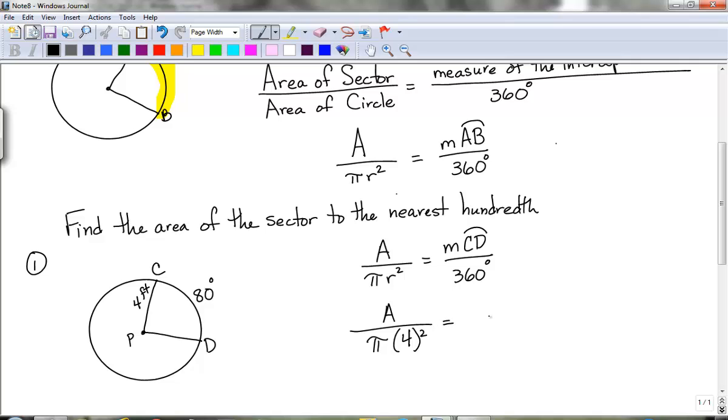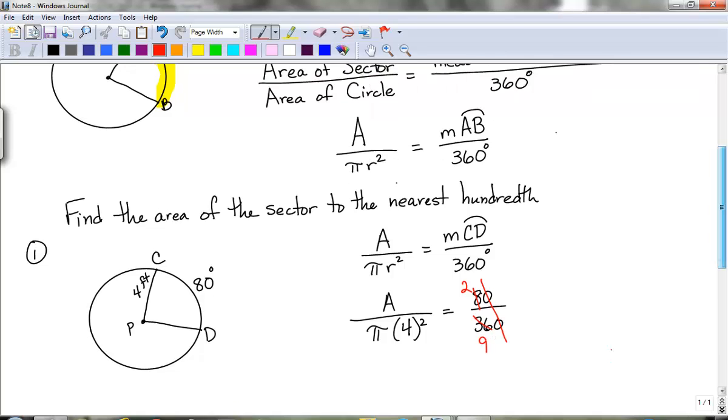The measure of the arc is 80 degrees over 360 degrees. Now, you can reduce these really quick. The zeros will go off real quick. What goes into 8 and into 36? Yeah, so 4 would go in there. 4 would go in there. Check my arithmetic.